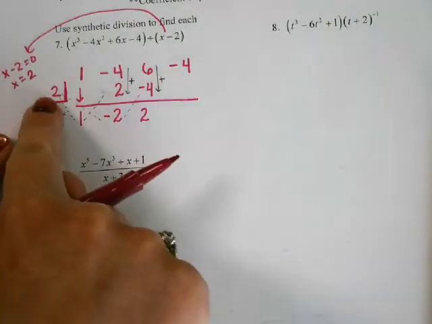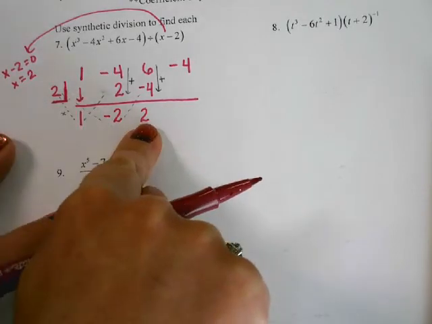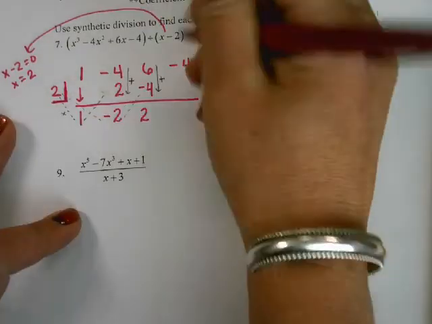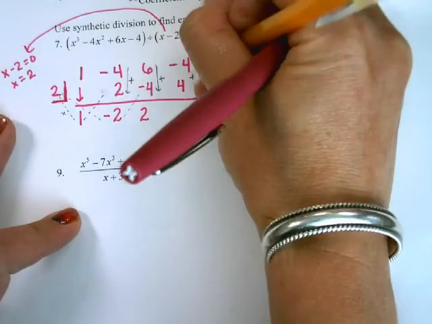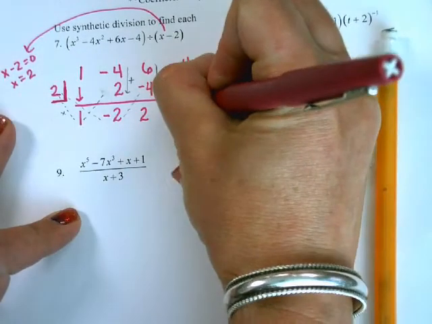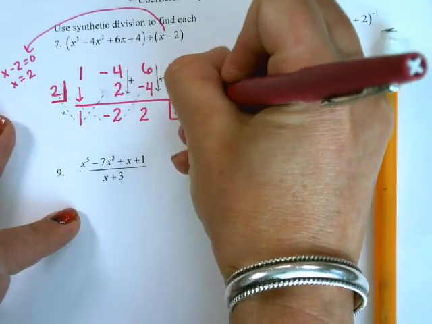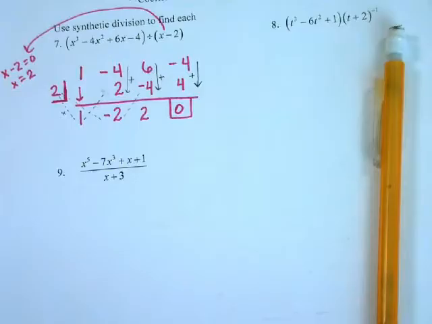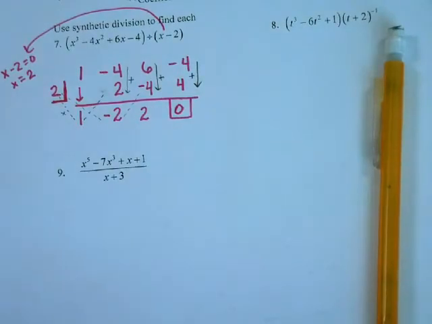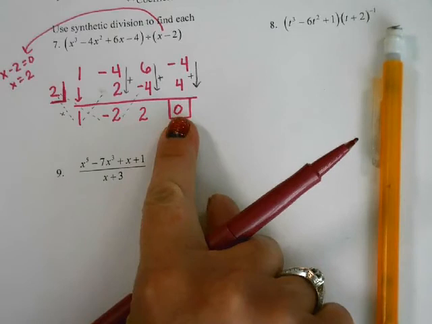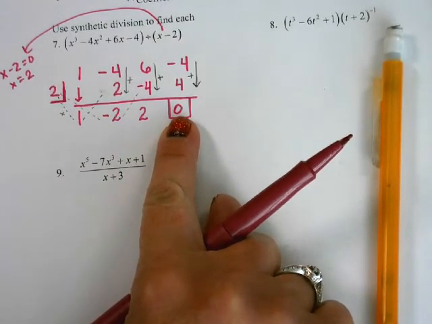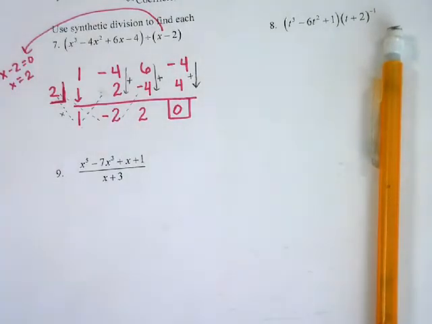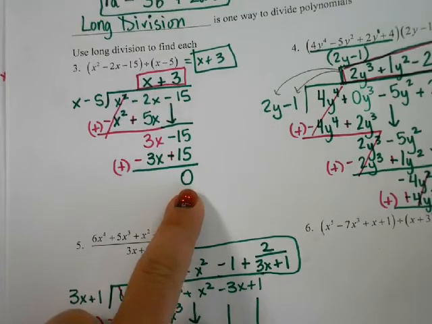Okay, I'm going to repeat the process. 2 times the new number below the line is 2, which is 4. Add down. Put a box around that last number. That box is my remainder. So this guy worked out nicely, right? We don't have a remainder. That would be like the one on the other side. That guy right there didn't have a remainder, right?